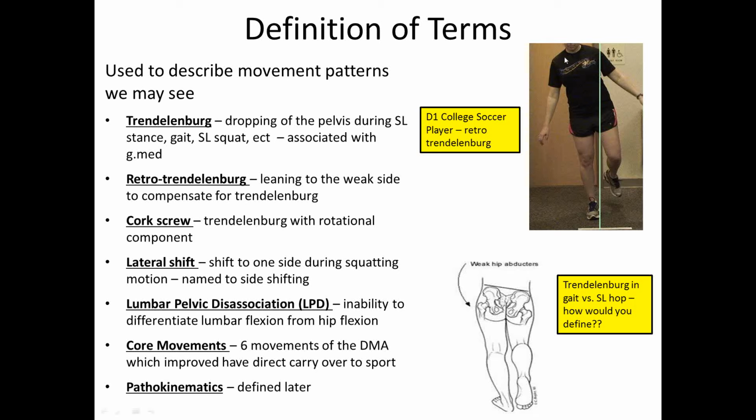A retro-Trendelenburg is described up here. These are the individuals who have weakness of the glute medius or a proprioceptive issue of the hip, where they have created a subconscious awareness of this, and they actually push themselves over to the opposite side, kind of locking down that hip.